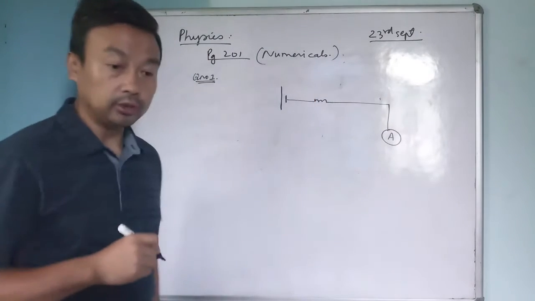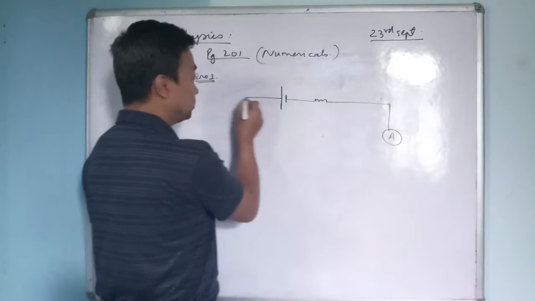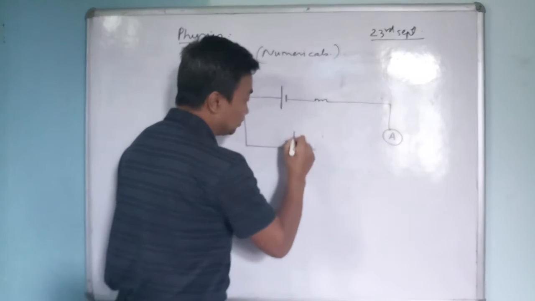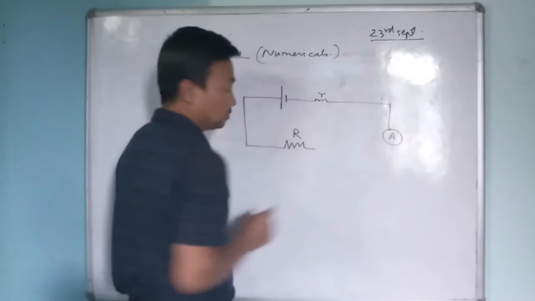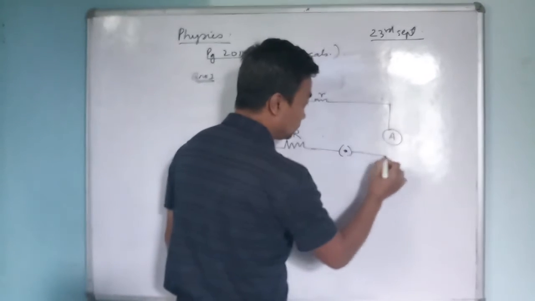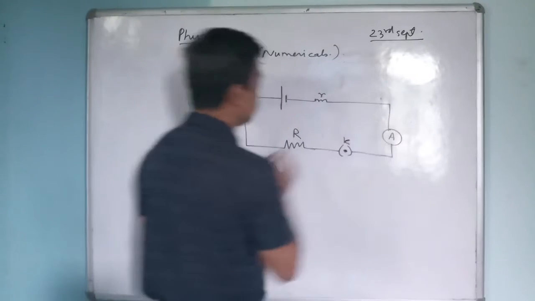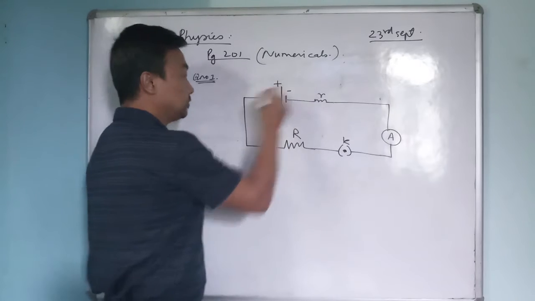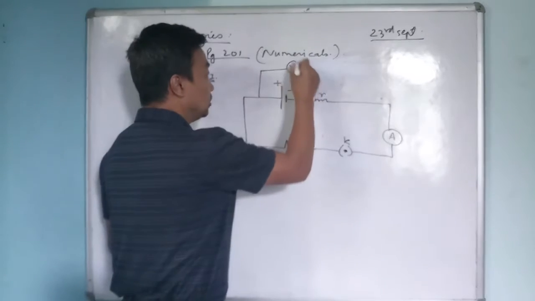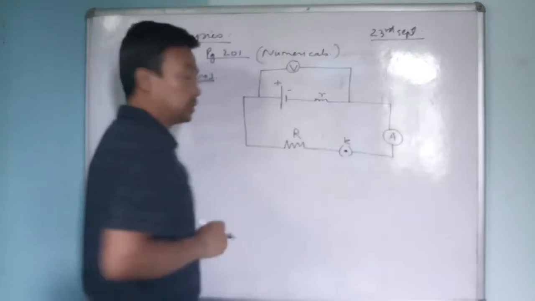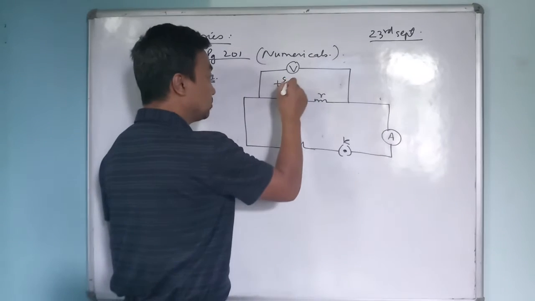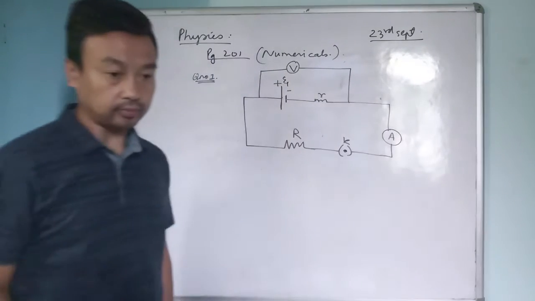Ammeter is the instrument to measure the flow of current. From the positive terminal there is one external resistance given to you. This is the internal resistance, and there is a plug key here. So this is the setup, the positive and the negative. Then you have the voltage, that is the potential difference, and the EMF of the cell is given by the symbol epsilon.